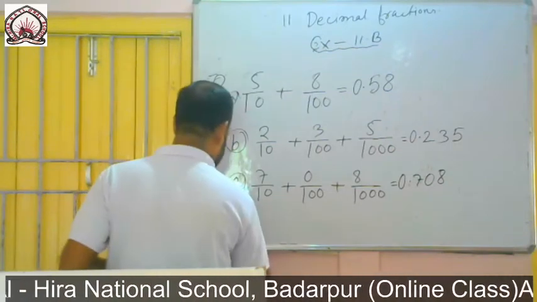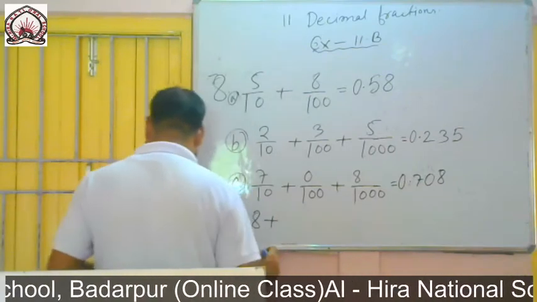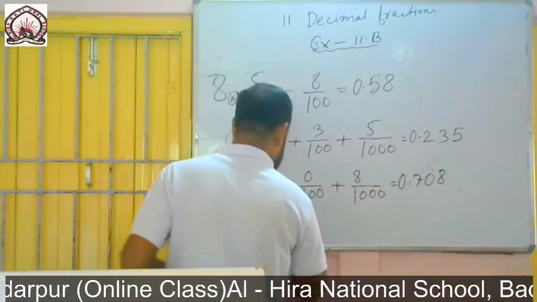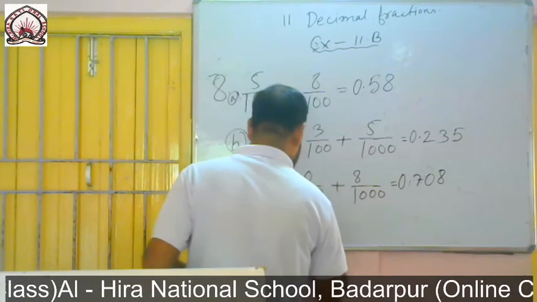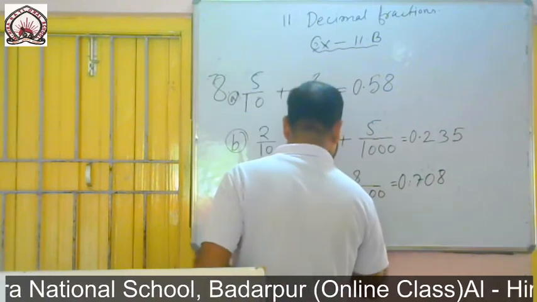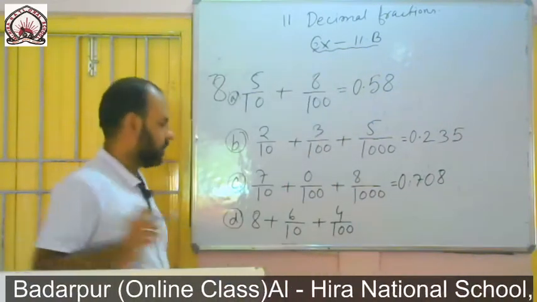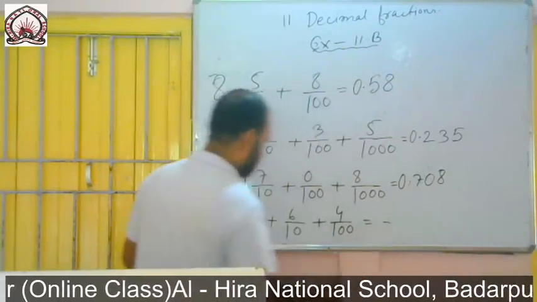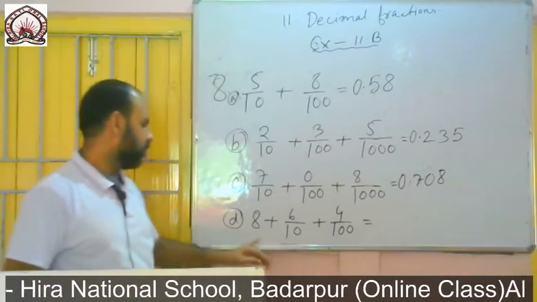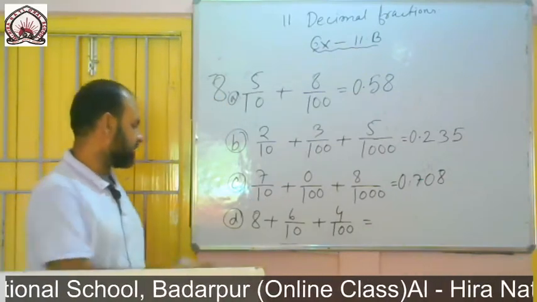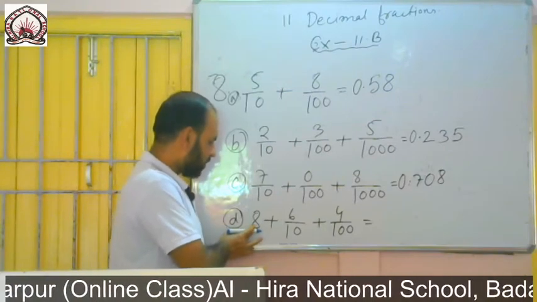Next, question number D. 8 plus 6 by 10 plus 4 by 100. Here in this question we get 8, which is a whole number, or integral part, and there is no fraction.